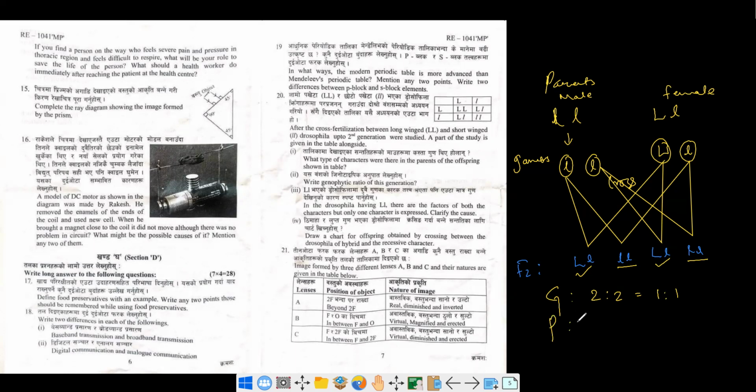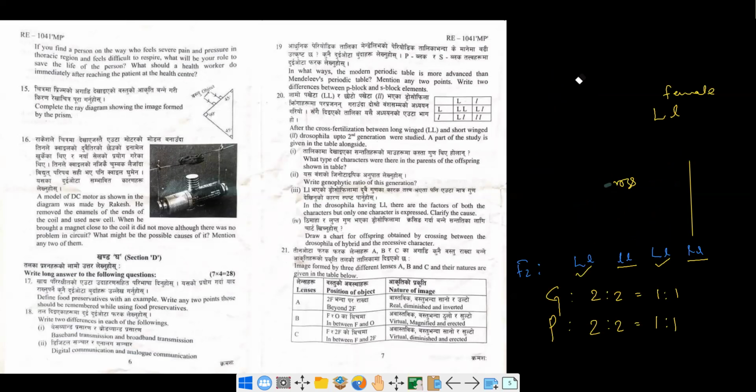So phenotype is again 2:2. This looks like a longer wing, this looks like a longer wing, so 2:2. These are obviously short wing, so 2:2. It means 1:1. So this is how we can write the ratio of dominant to recessive for genotype and phenotype.